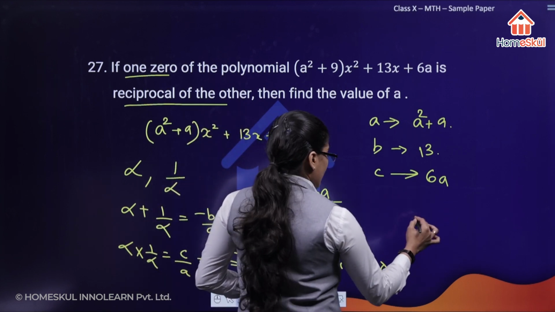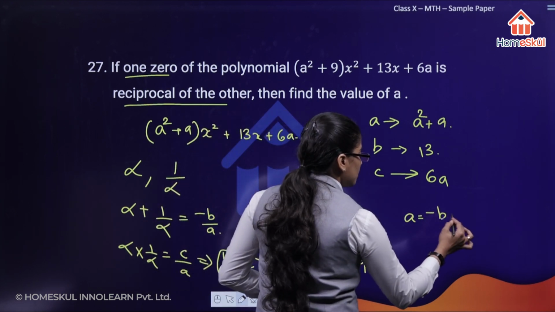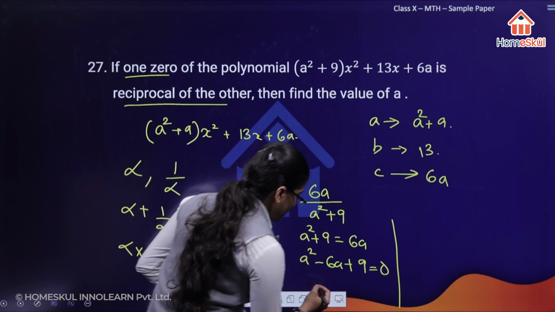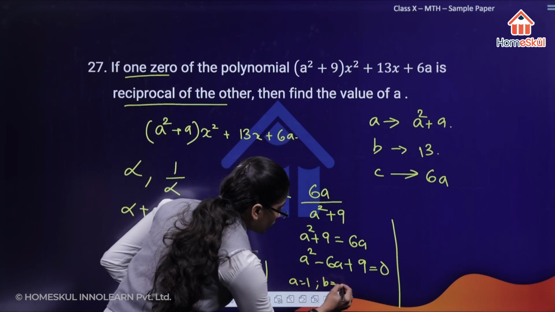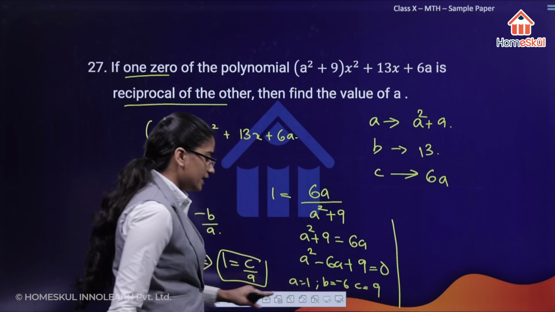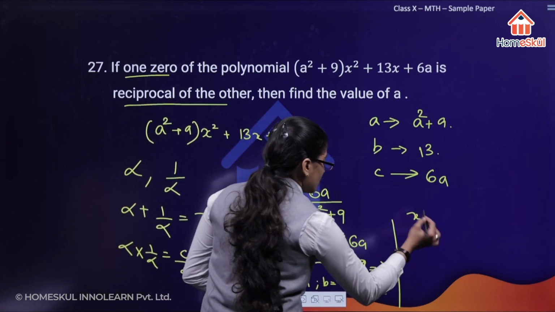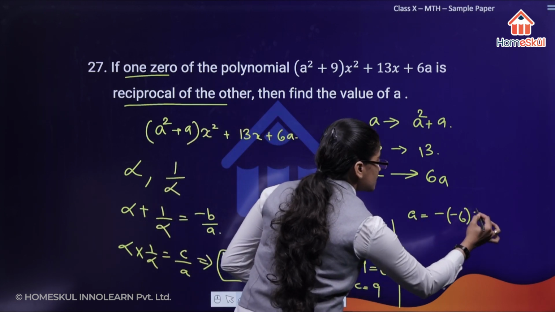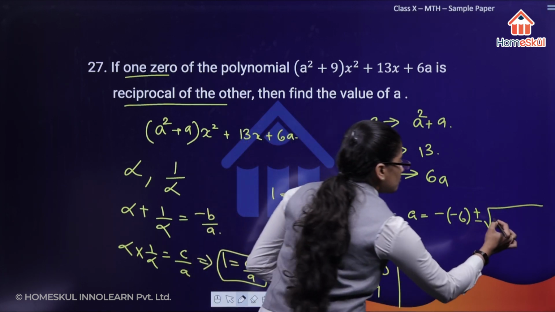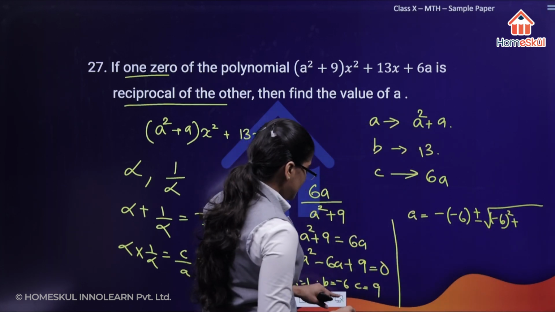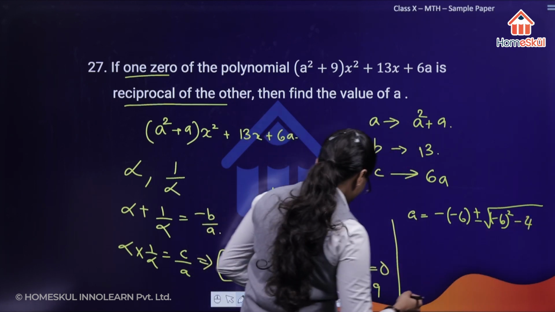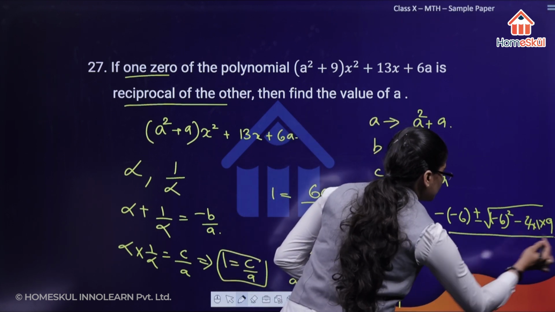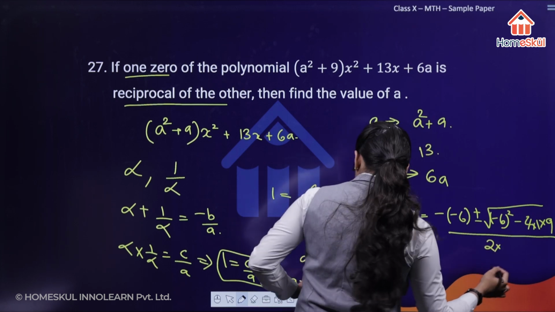That means the value of a will be minus b plus or minus root of b square minus 4ac, by 2a. So, here, a is equal to 1, b is equal to minus 6, c is equal to 9, isn't it? That means a is equal to minus of minus 6 plus or minus root of minus 6 the whole square minus 4 into 1 into 9, divided by 2 into 1.